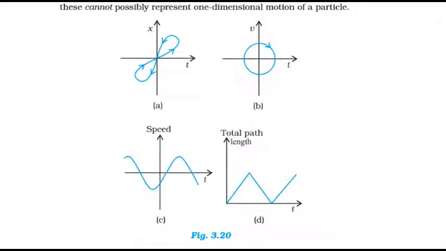Now let us see the graph C. So this is graph C, like a sine curve, speed and time graph. Fine. Let us check this.